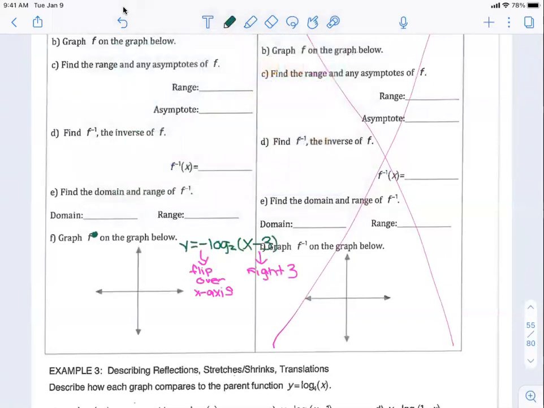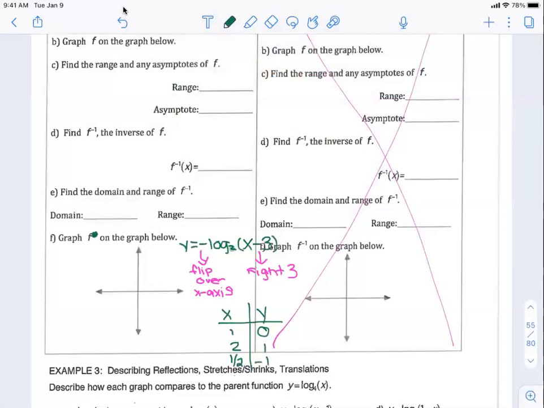So let's make our table of x, y. The 3 points that I asked you to memorize are 1, 0; a, 1; and 1 over a, negative 1. A in this case is going to be 2, whatever your base is. So this is 2, 1. Then it's 1 over 2, negative 1.